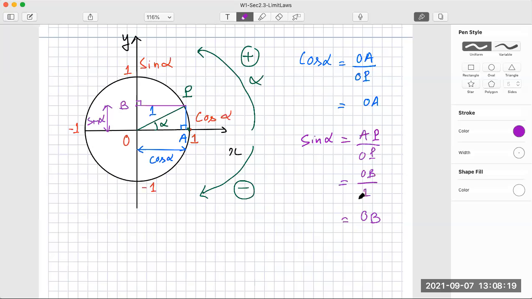It's easier to see. Wait, so OA and OP are the same length? No, they're not necessarily the same. It depends on the angle. In this case, with alpha at this position, OP is this much and OB is a little shorter.